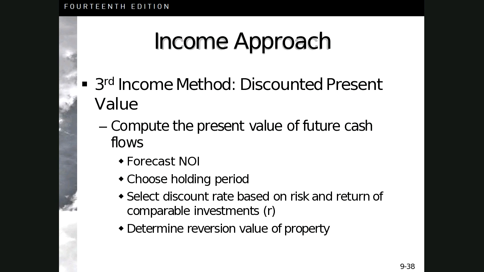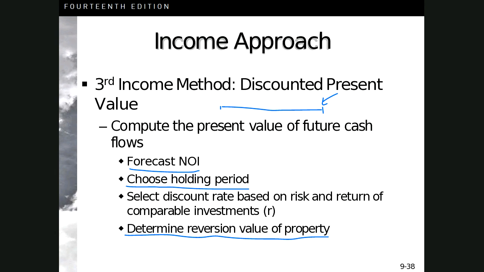First of all, forecast NOI, then choose the holding period. So instead of assuming that NOI is going to be held forever, now we are going to choose a holding period. Select discount rate based on risk and return or comparable investments and determine reversion value of the property. So assuming towards the end of it, we are going to sell it.